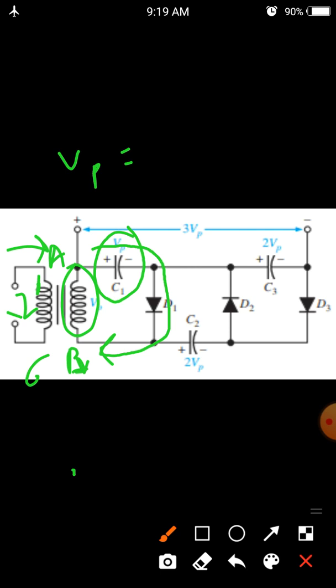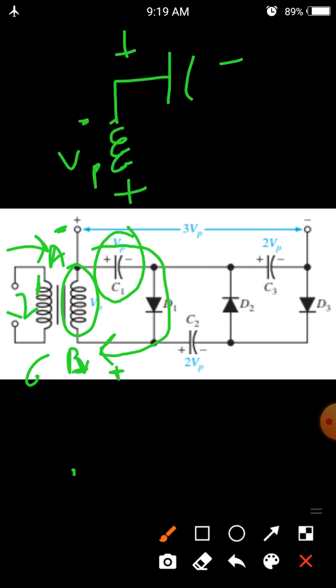Now in the remaining half cycle, when A is negative and B is positive, what will happen? In this case, we have a capacitor with the positive charge in this manner, and here is the negative pole, and this is the coil's positive pole.